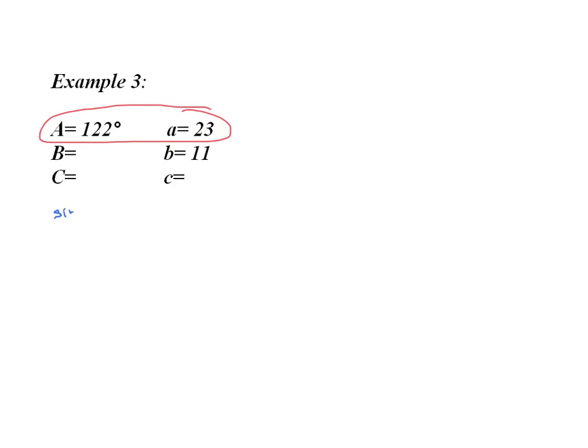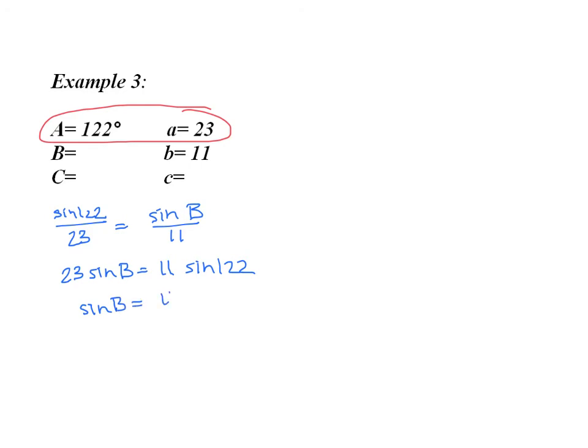So I'm going to have the sine of 122 over 23 equals the sine of B over 11. So I'm going to go ahead and cross multiply. So I'm going to get 23 sine B equals 11 sine 122. And then I'm going to divide both sides by 23.